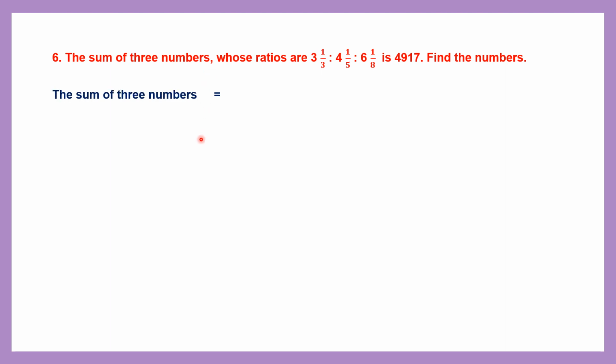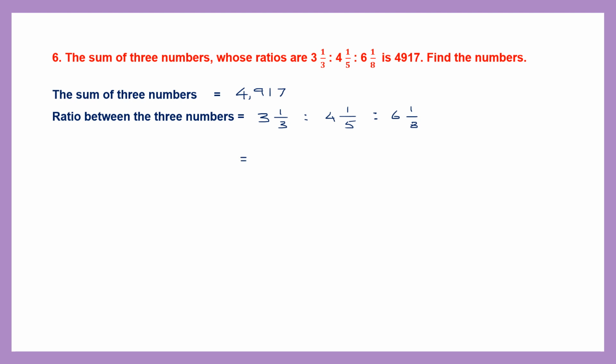So let's begin. The sum of three numbers is 4917. We've also been given the ratio between these numbers: 3 1 by 3 is to 4 1 by 5 is to 6 1 by 8. So first step, let's convert these and see what we get.